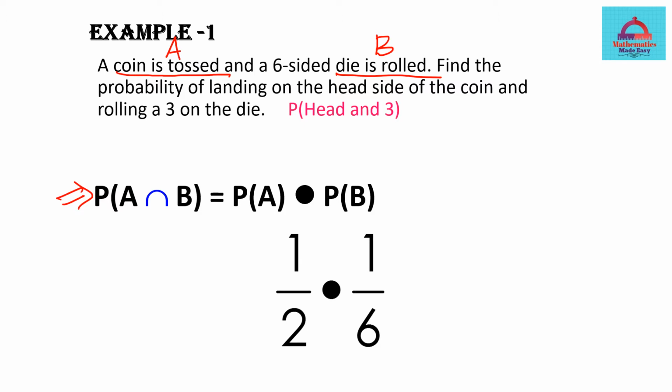The probability that you will get a head on the coin is definitely 50% or 1 by 2. The probability that you will get a number 3 on a six-sided die is 1 out of 6 options possible. So 1 by 2 multiplied by 1 by 6 gives you 1 by 12 as the final answer. You can convert this fraction into a percentage as well, but the method to solve would be similar.